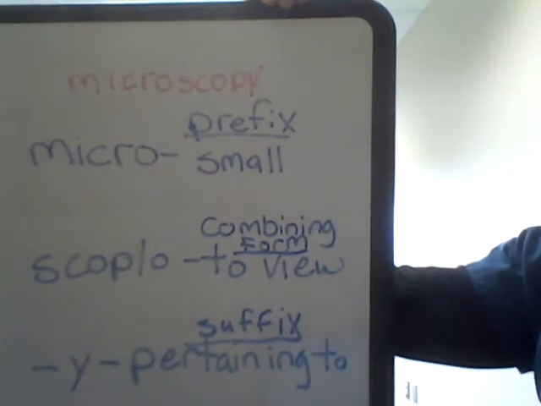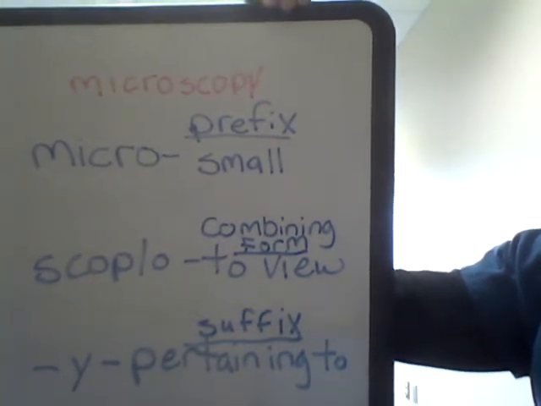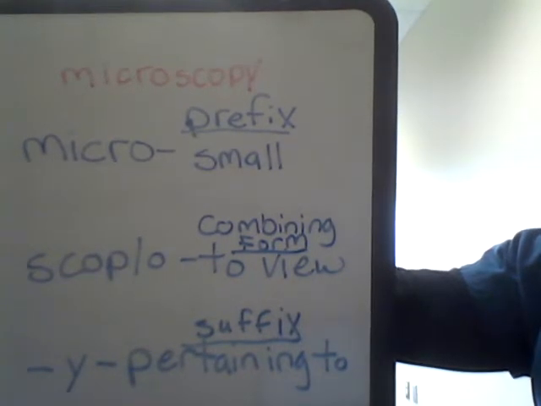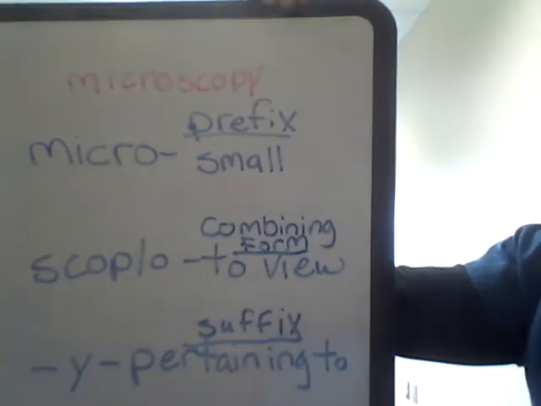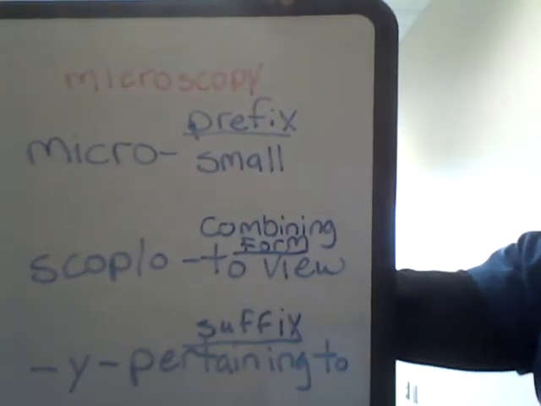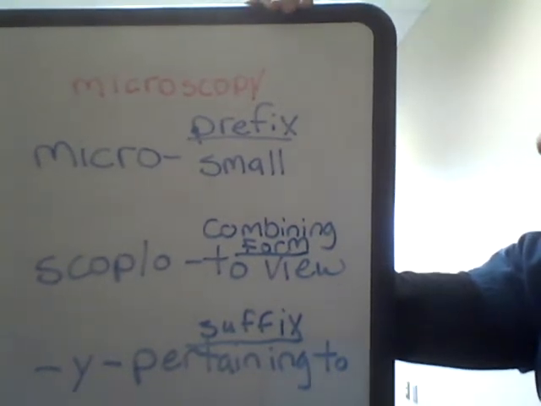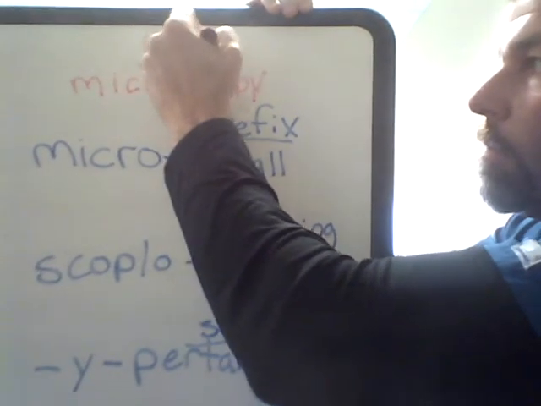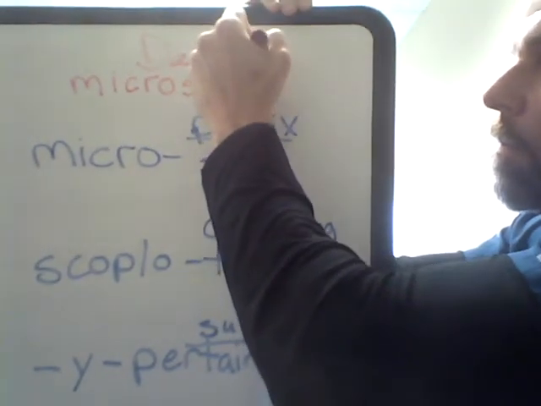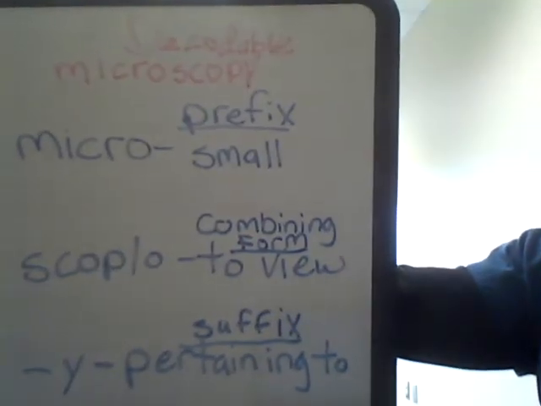And that obviously is going to be pertaining to viewing something small. Okay, everybody's probably heard of a microscope, and with a microscope you can perform microscopy. But again, this is an example of a word that contains a prefix, micro, a combining form, scopo, and a suffix pertaining to. And again, this is an example of a decodable term.